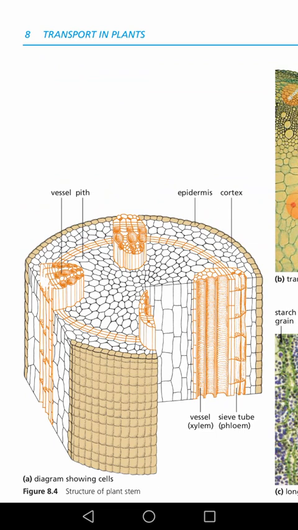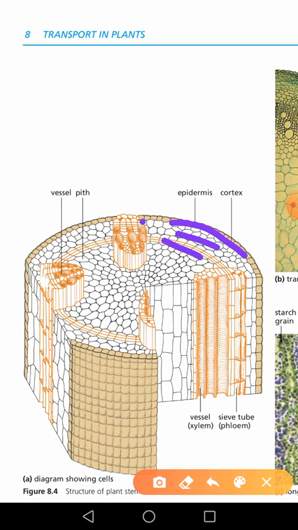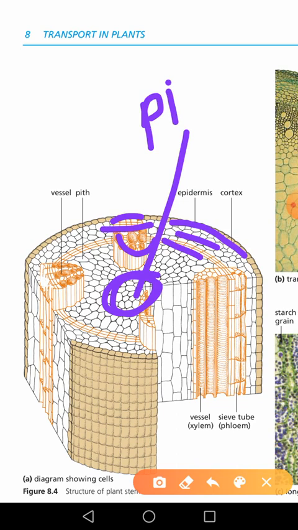We have something left out over here. This is the epidermis, then the cortex, the cambium, the phloem, the cambium, the xylem, and the middle layer of cells which we call the pith. The function of pith is also to store food substances from the phloem.